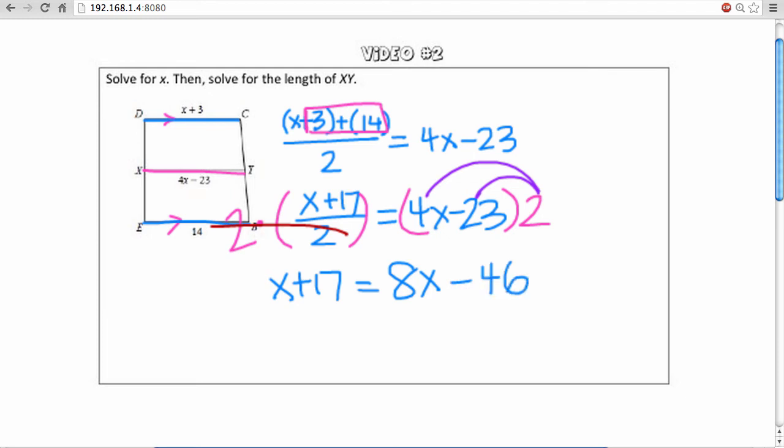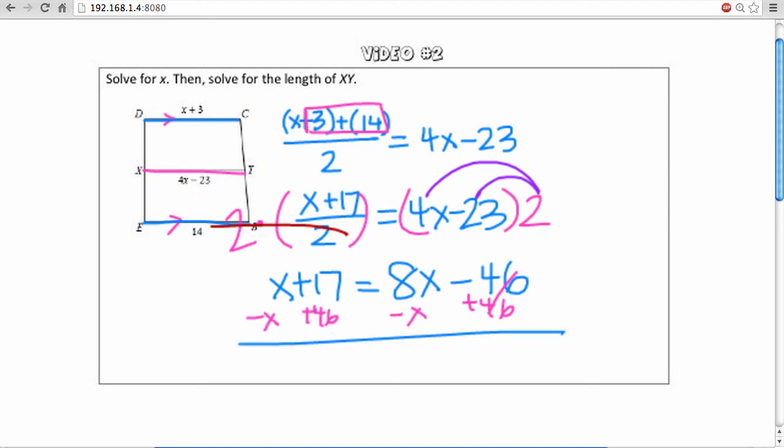Okay, so we're getting really close. Our goal again is to get x by itself. So I'm going to do 2 steps in 1 right now. I'm going to go ahead and add 46 to both sides. And I'm also going to subtract 1x from both sides. Hopefully you're okay with that.